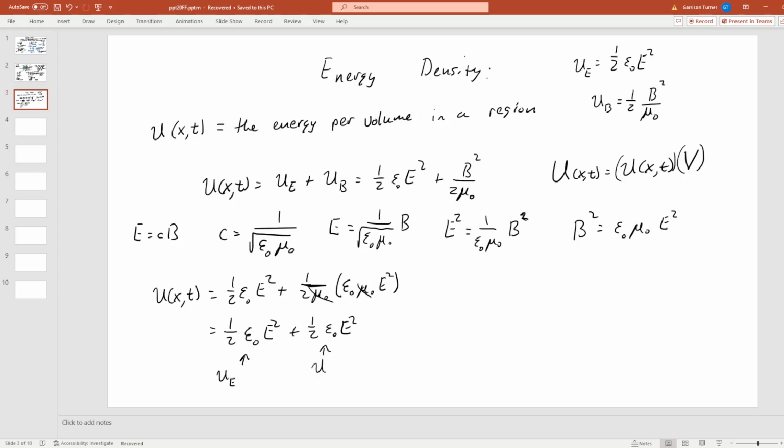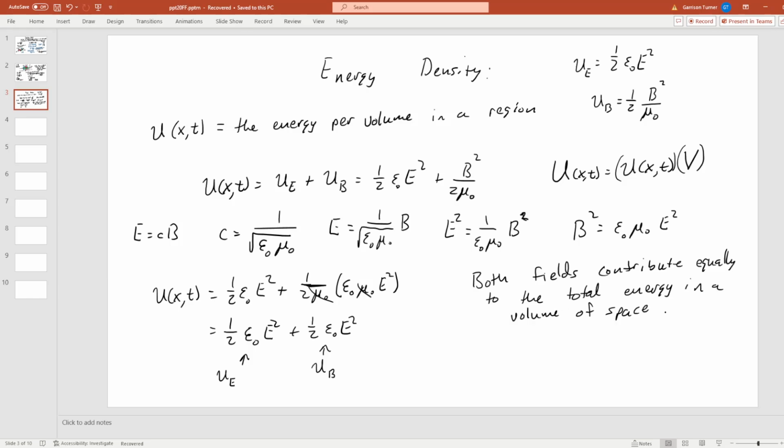This is your energy density of your magnetic field. But they have the same magnitude. So both fields are going to contribute equally to the total energy in a volume of space. Okay, that is the punchline.